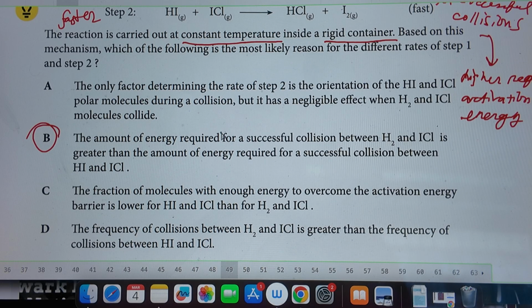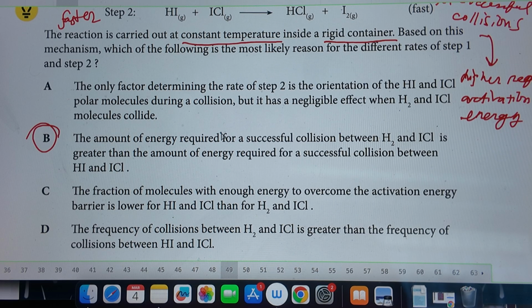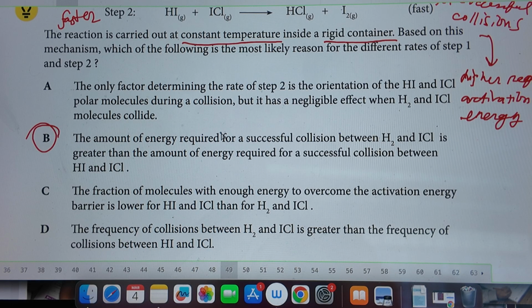And then D says the frequency of collisions between H2 and ICl is greater than the frequency of HI and ICl. That doesn't make sense, and it doesn't really explain why step 1 is slower.